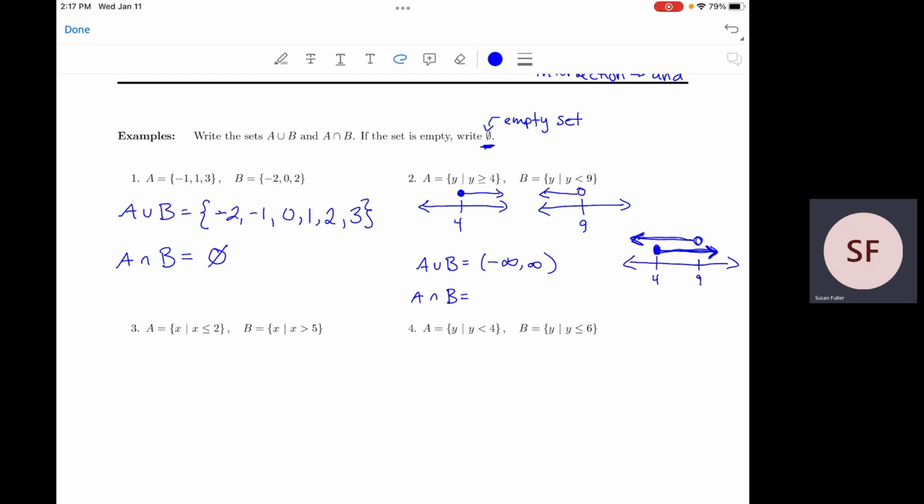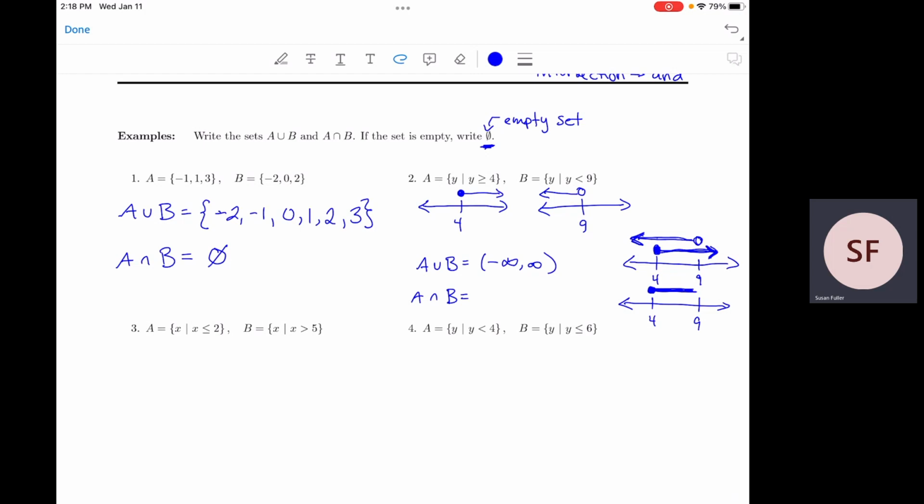So where do these two things overlap? I'm going to make a new number line here. The only places where we overlap here, 4 is common to both of these, so I'm going to put a closed dot at 4. Everything between 4 and 9 is double covered here, so I'm going to put a line here because all of this is covered by both sets.